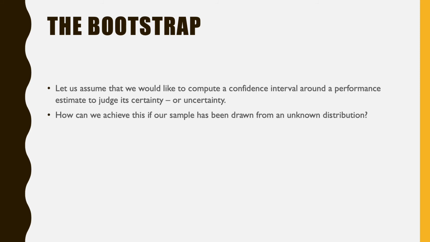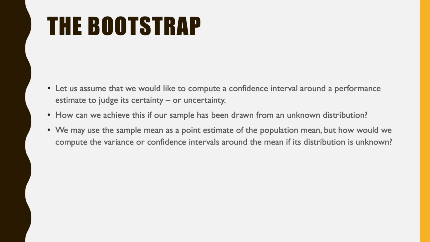If we know the distribution of that sample, we can easily find some statistical inference or information for our data sets. But if we do not know that distribution for our sample, we may not be able to use those classical methods. But what can we do?